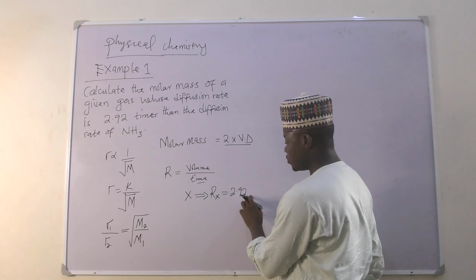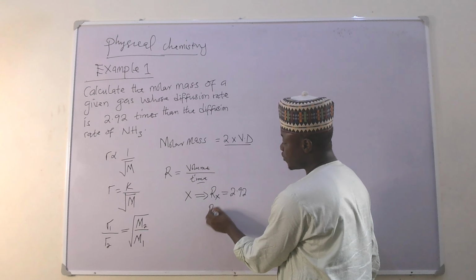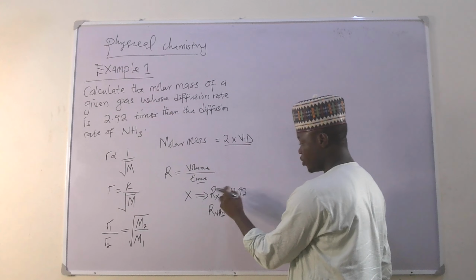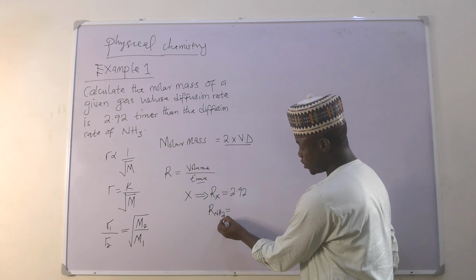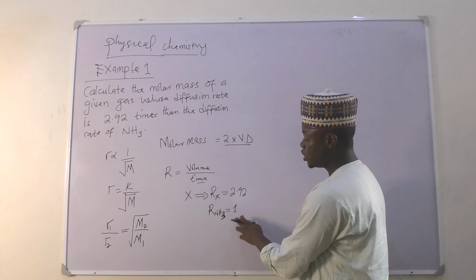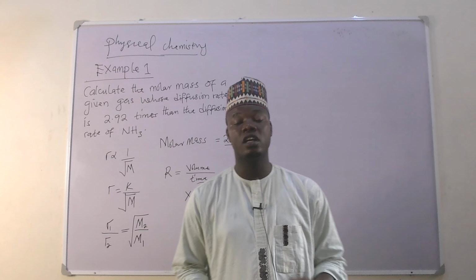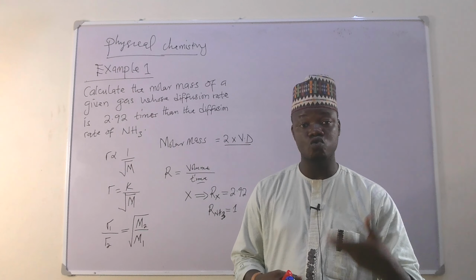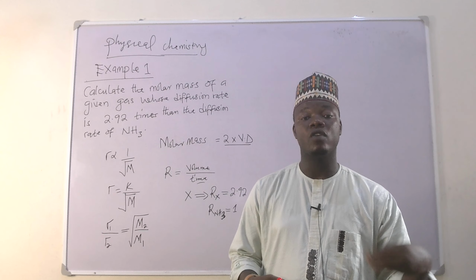Since the rate of diffusion of gas X is 2.92 times the rate of diffusion of ammonia, the rate of diffusion of ammonia is going to be 1.